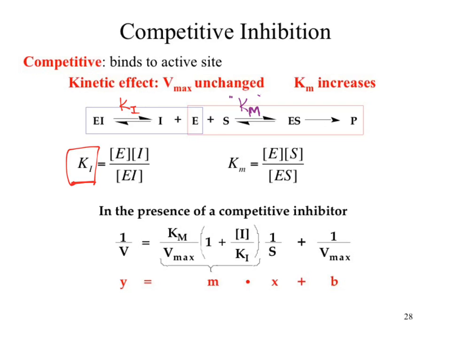If I have a ton of substrate and the inhibitor is binding for the exact same site, the substrate wins. So Vmax will remain unchanged. Vmax we just predict from the system. Km is something we'd have to go through and solve, because Km is dependent on Vmax.